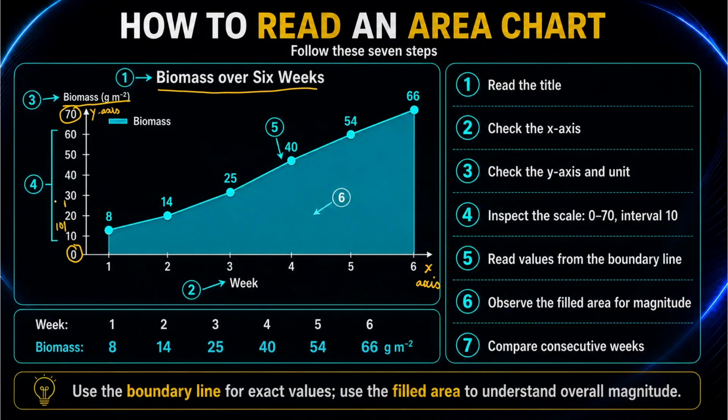Fifth, read the exact values from the boundary line: 8, 14, 25, 40, 54 and 66. Sixth, observe the filled area to understand the overall magnitude. Finally, compare consecutive weeks to see how biomass changes over time. Remember, use the boundary line for exact values and the filled area for overall magnitude.